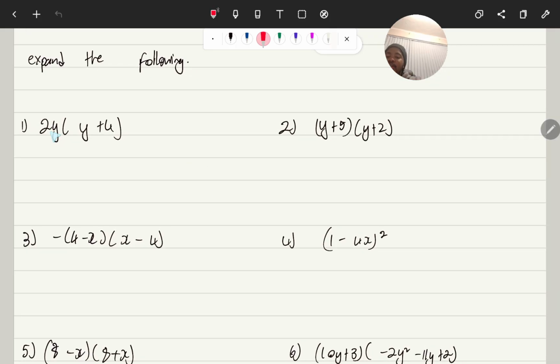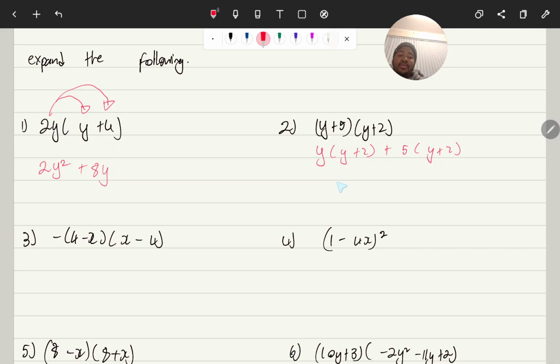Cool. So of course here you multiply these numbers into these. You have 2y squared plus 8 from 2 times 4y. We come here, it's a beautiful one. Here you have y into y plus 2 plus 5 into y plus 2, right?